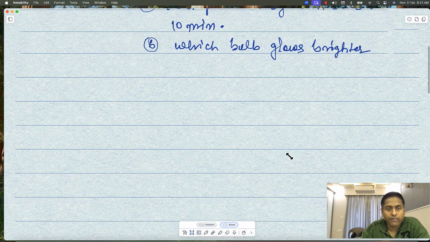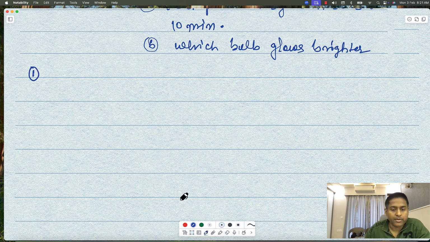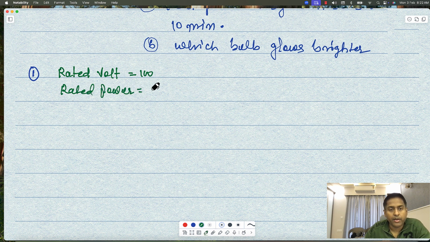So let's see. The first part of this question is to calculate the resistance. Remember, whenever you calculate the resistance, always use the rated voltage, which is 100 volt, and the rated power, which is the actual power of the bulb, 25 watt and 50 watt.